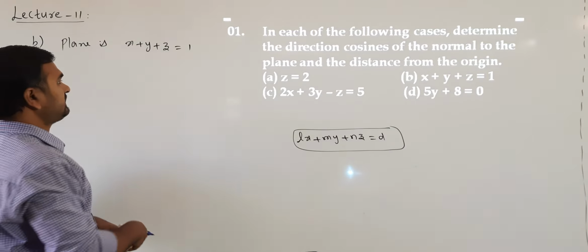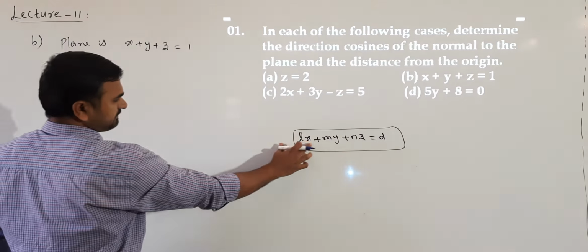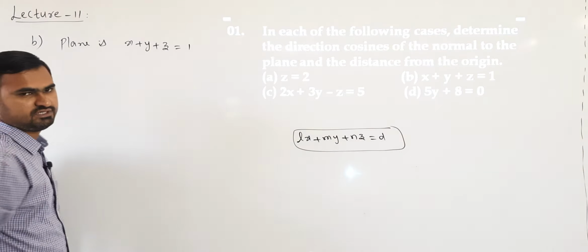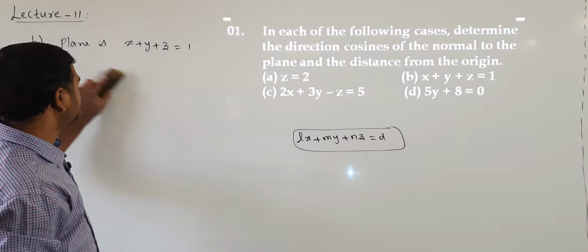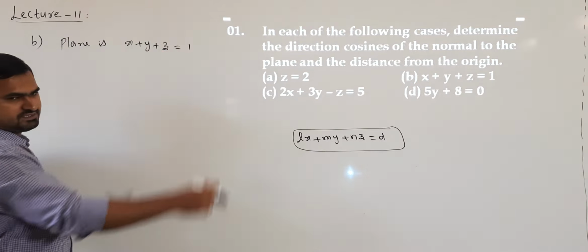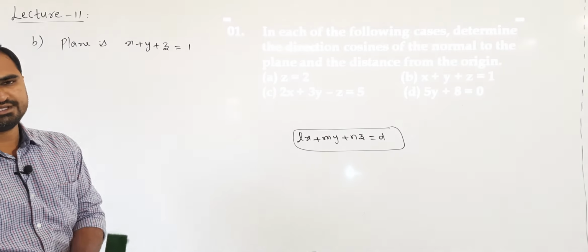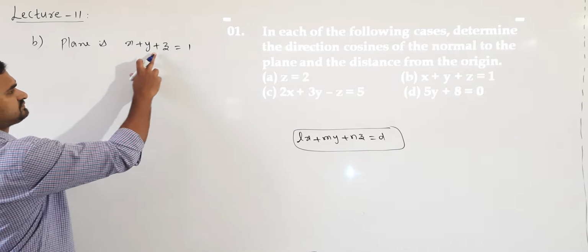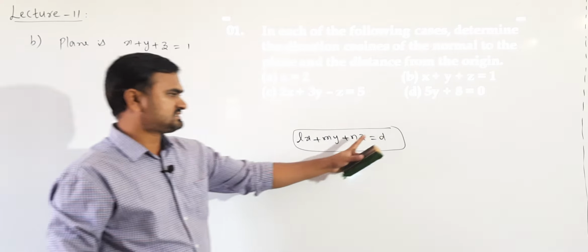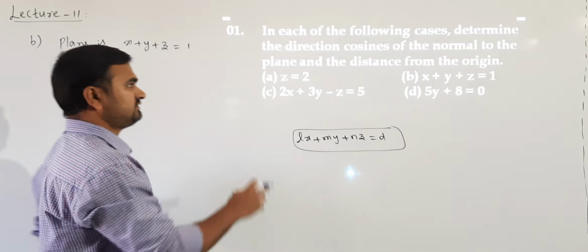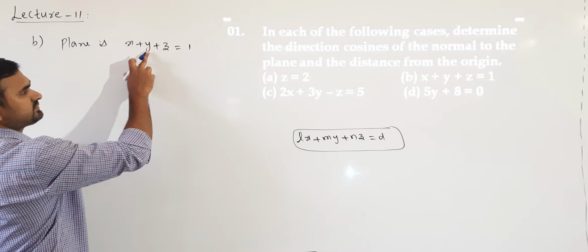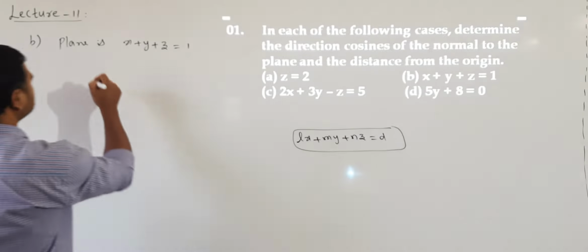So I will arrange this plane equation in this form. So ax plus by plus cz is equal to d form we have. We have to convert these DRs. What are DRs of normal? 1, 1, 1. Now these DRs we have to convert into DCs. So for that, first you have to make the right hand side constant positive because distance cannot be negative. So anyway it is positive only here. Now what we do? Divide root of a square plus b square plus c square on both sides.